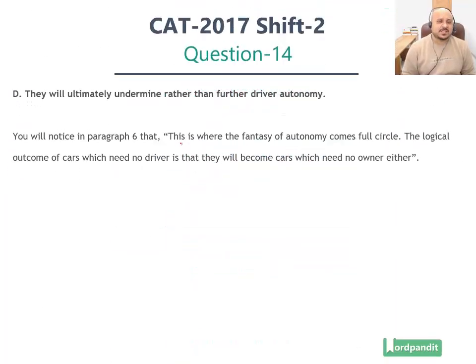In para 6 of the passage, it states, this is where the fantasy of autonomy comes full circle. The logical outcome of cars which need no driver is that they will become cars which need no owner either, right? Now in this particular case, this option is stating that electric vehicles will ultimately undermine rather than further driver autonomy.